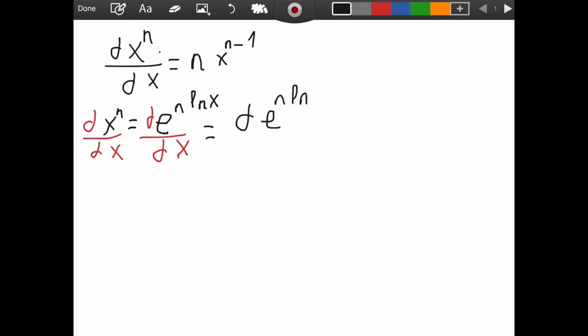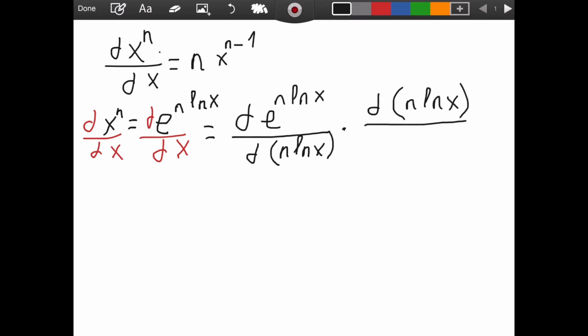Take the derivative of e raised to the power of n times ln x with respect to n times ln x, and I'm going to put a parenthesis here. Then we will multiply it with the derivative of n times ln x with respect to x. Now, how did we get here? This is the chain rule.